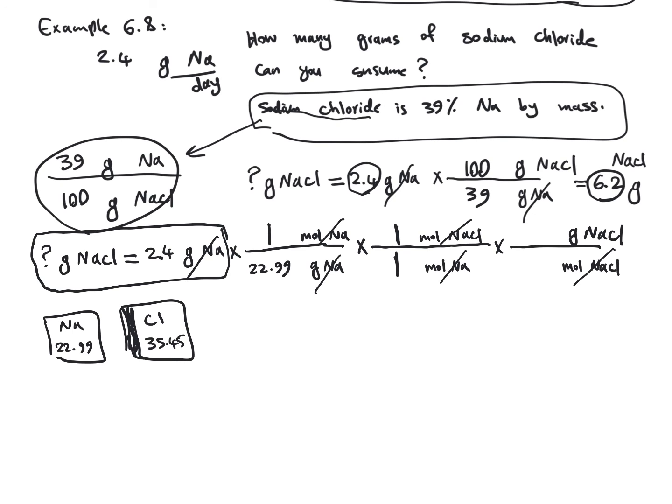I just drew the square larger for no specific reason. So NaCl equals 22.99 plus 35.5, and then we calculate this just like in the previous example. It's 58.44, and then 1 mole of NaCl is 58.44.